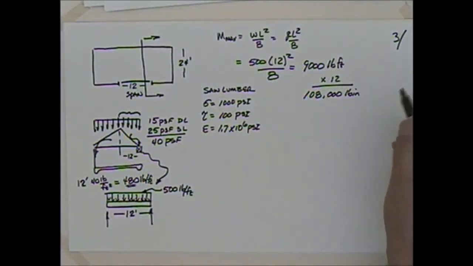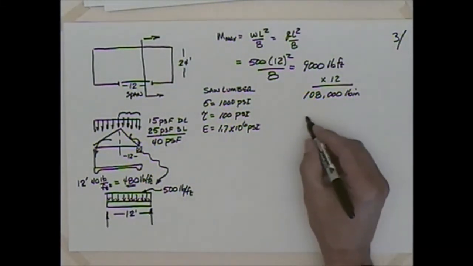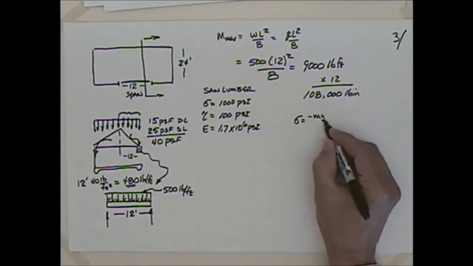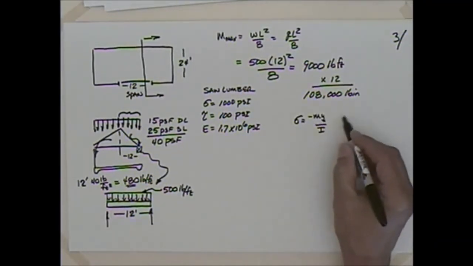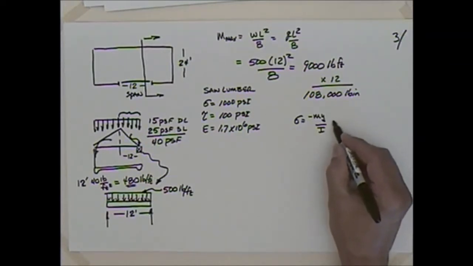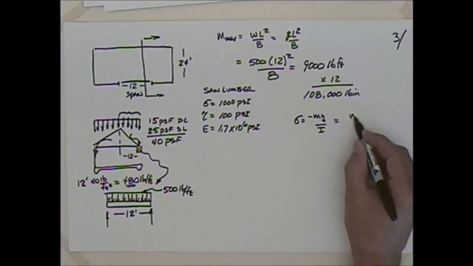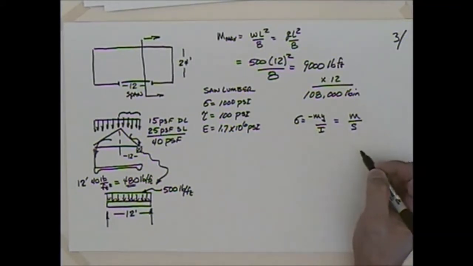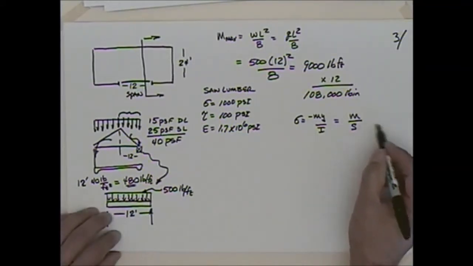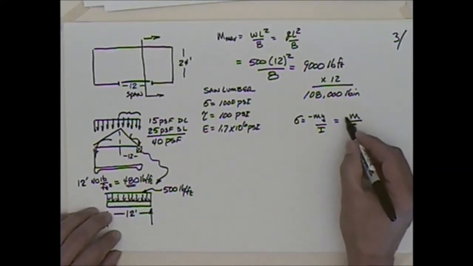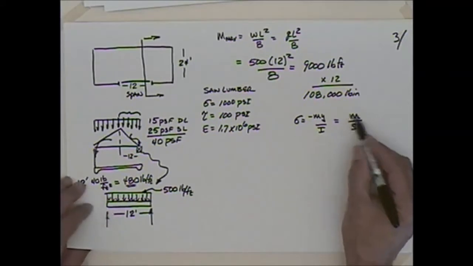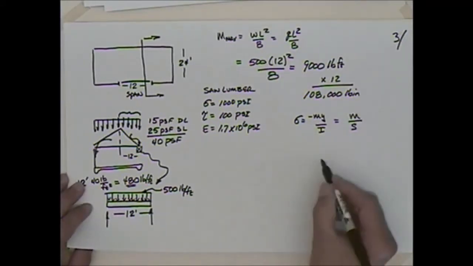So what I'm going to do is use that sigma is equal to minus My over I, and I can change that a little bit and say that's also equal to M over S, the section modulus. That would be a symmetrical beam, and I'd have to keep track of the tension or compression. That's why I don't have the negative sign there.